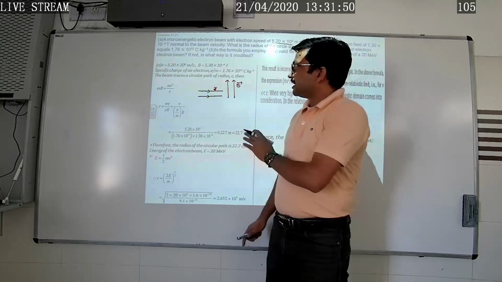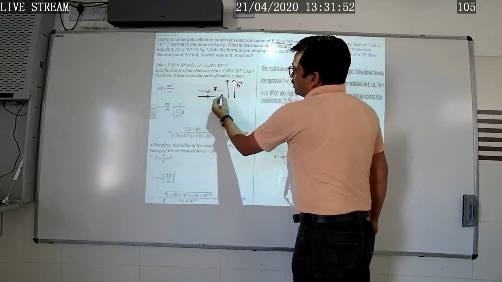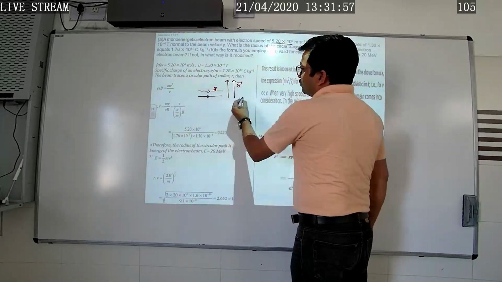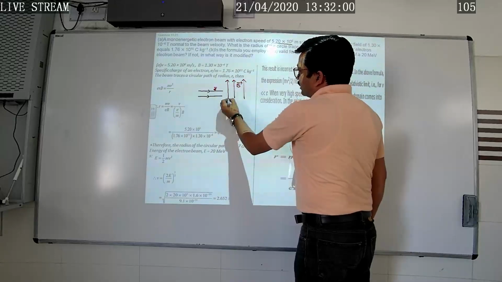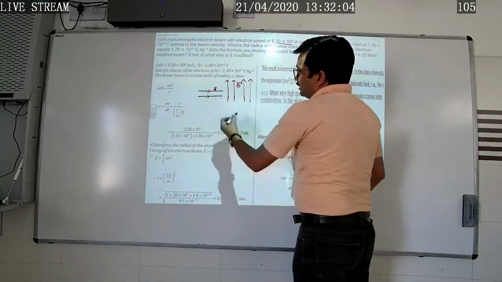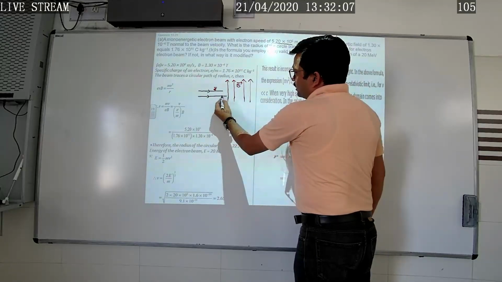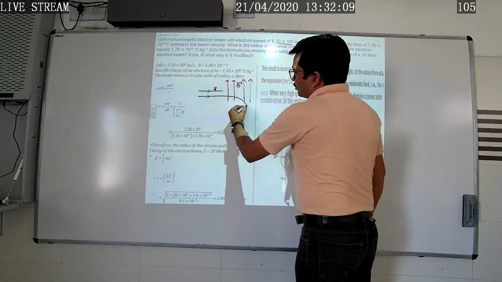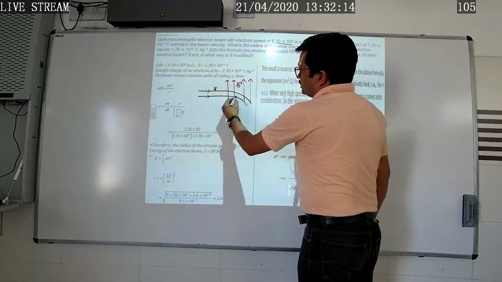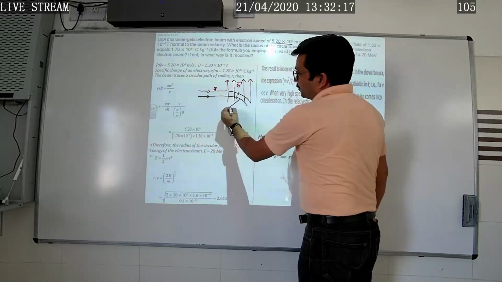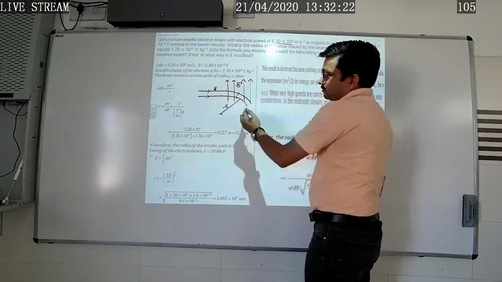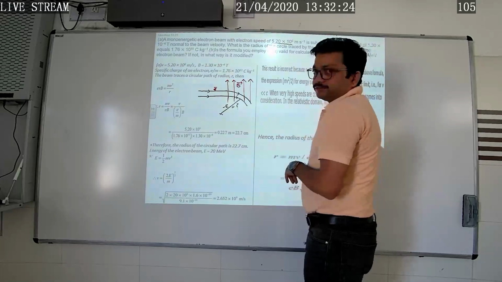As a result, the beam of electrons going like that, under the influence of this normal magnetic field, will follow a circular path. So we have to find the radius of this circular path. He is asking us to calculate the radius of the circular path.